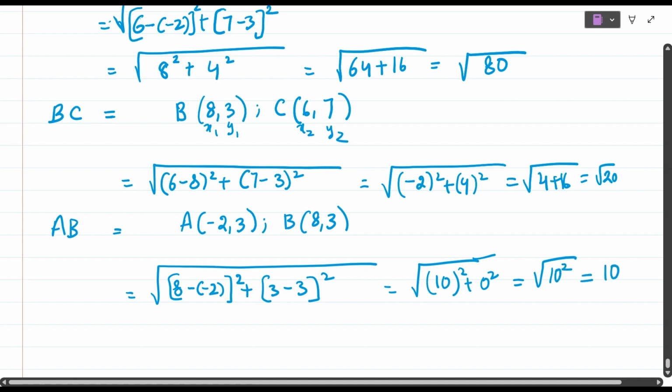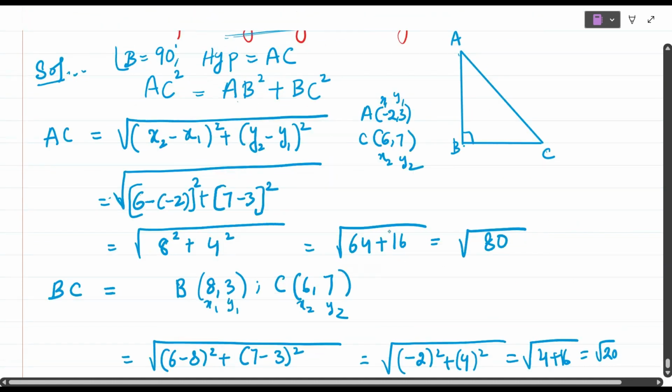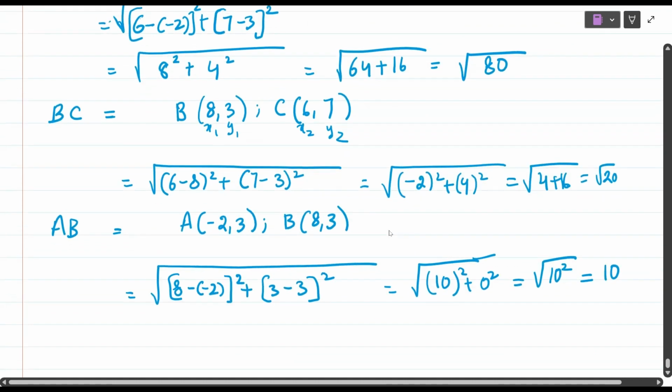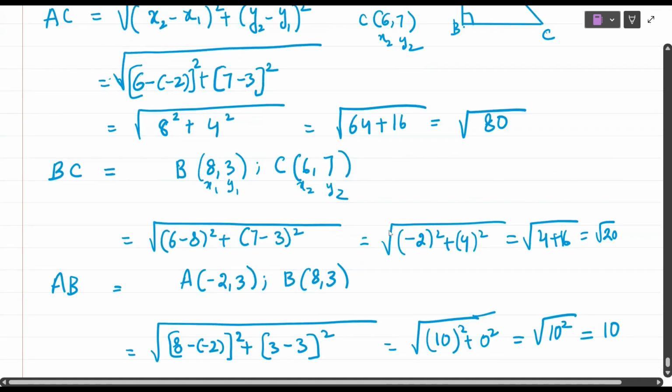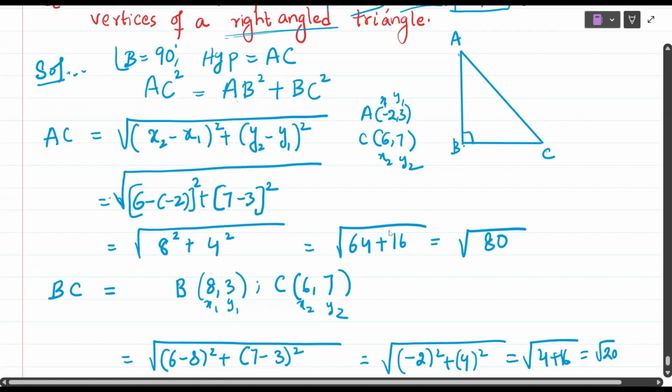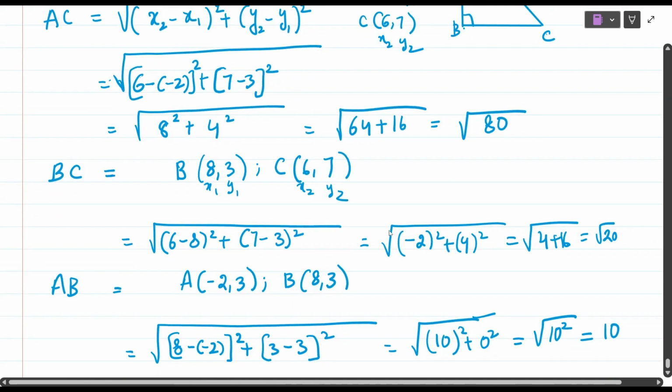Okay. So according to the Pythagoras theorem, hypotenuse square will be equal to the sum of the squares of the other two sides. So where will be the angle? See, the largest number will be our hypotenuse, isn't it? So what will be the largest number here? Root 80, root 20, 10. So 10 is the largest number.